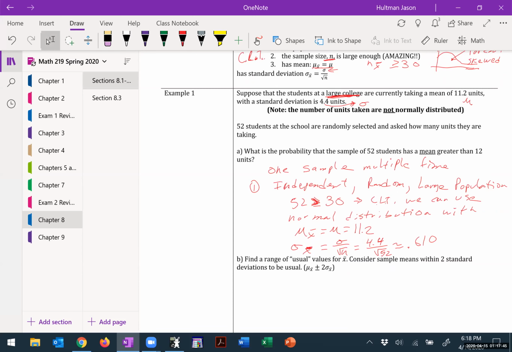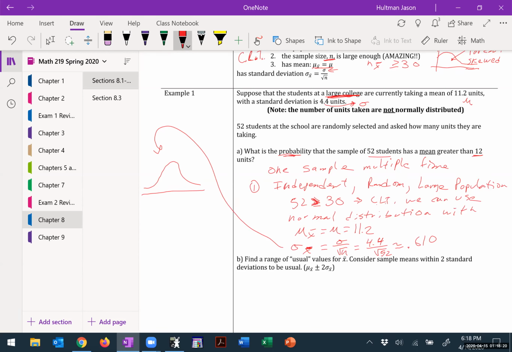Okay, so now I want to find the probability that the 52 students have a mean greater than 12. Okay, mean greater than 12. So I kind of ran out of room here, so I'm just going to go up here. Because of the central limit theorem, all roads lead to a normal distribution.